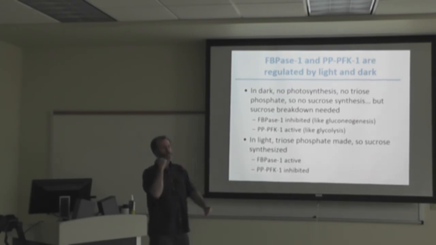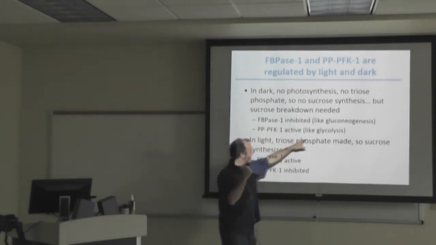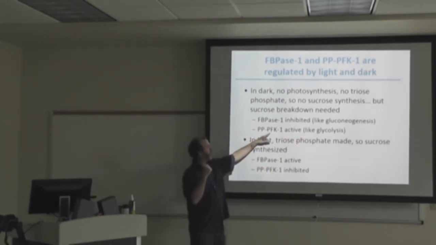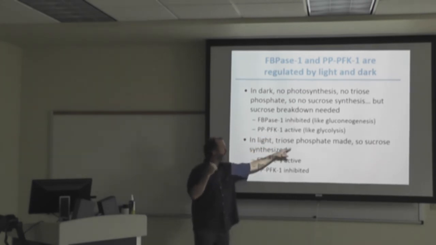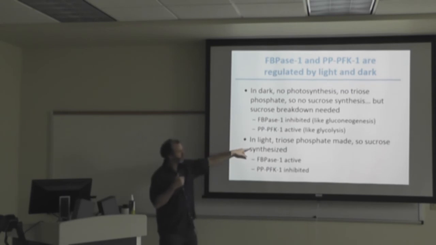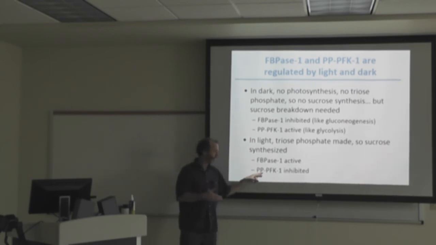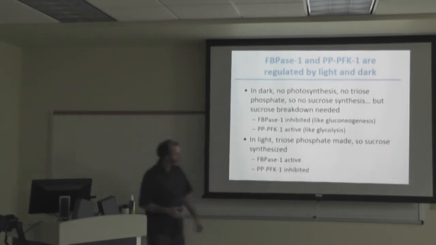We need to convert it the other way, basically like activating glycolysis. Pyrophosphate-dependent phosphofructokinase 1 is active. In the light reactions, the reverse is true: triose phosphates are made, so we're going to synthesize sucrose. Fructose bisphosphatase 1 is active, whereas pyrophosphate-dependent phosphofructokinase 1 is inhibited.